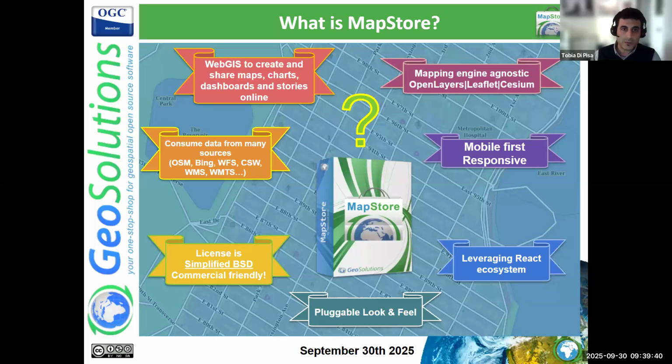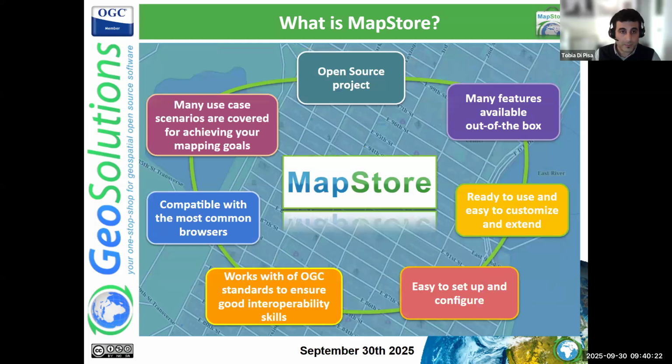It's built to consume many kinds of data sources, working on top of OGC standards, and the framework, which is developed with React, is designed to be map agnostic, to provide support to different mapping engines. Its theming system allows powerful ways to customize the look and feel, to easily adapt it to branding colors and themes where MapStore needs to be embedded or used.